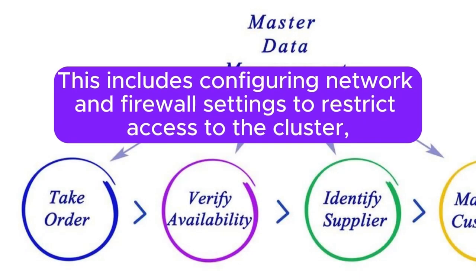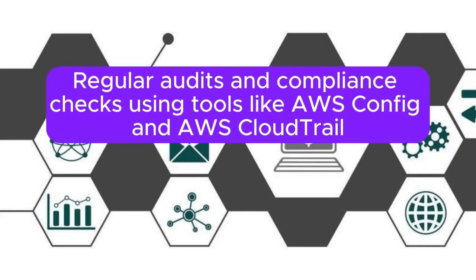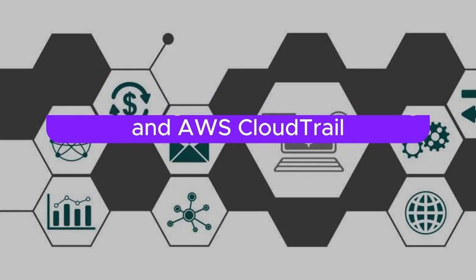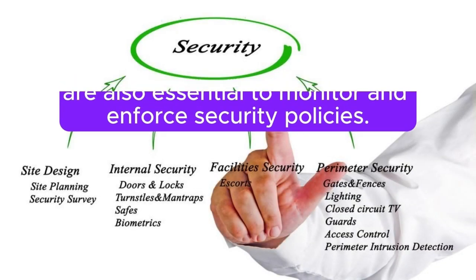This includes configuring network and firewall settings to restrict access to the cluster, using IAM roles and policies to control access to data, and encrypting data at rest and in transit using AWS Key Management Service (KMS). Regular audits and compliance checks using tools like AWS Config and AWS CloudTrail are also essential to monitor and enforce security policies.